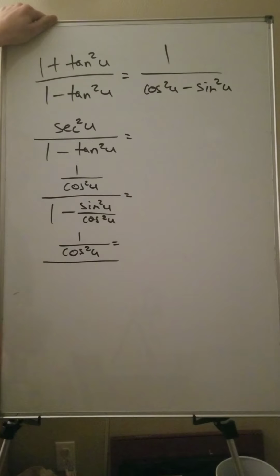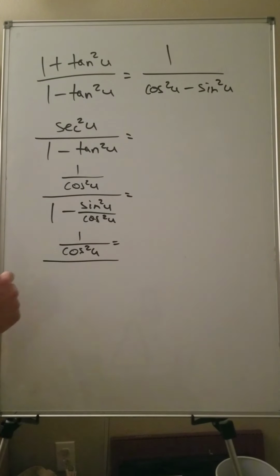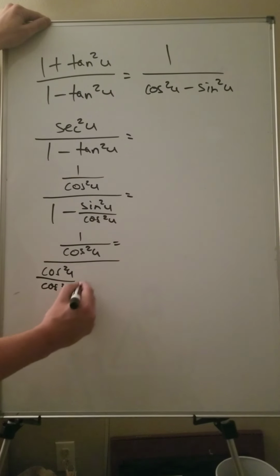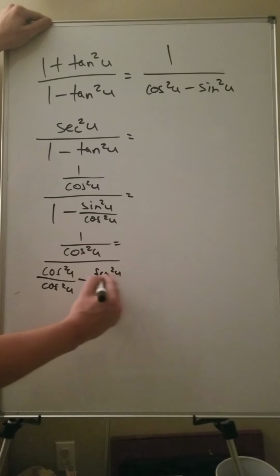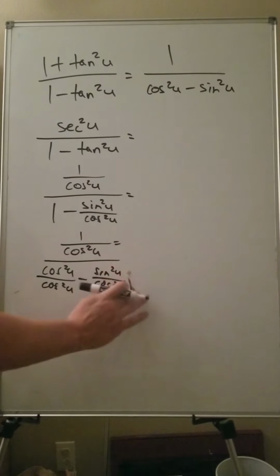In the denominator, I have cosine squared u minus sine squared u over cosine squared u. I'll write that in a couple pieces just so you're clear. So this 1 is going to become cosine squared u over cosine squared u minus sine squared u over cosine squared u.